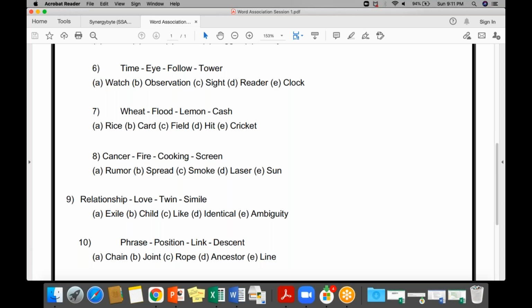How is joint related to phrase? Pratap, since you answered joint, can you tell how is joint related to phrase?